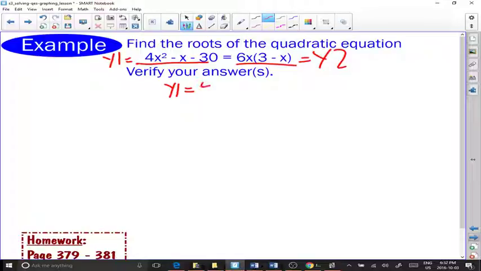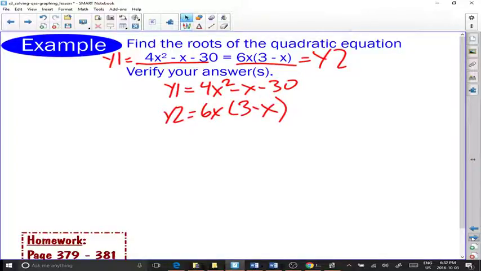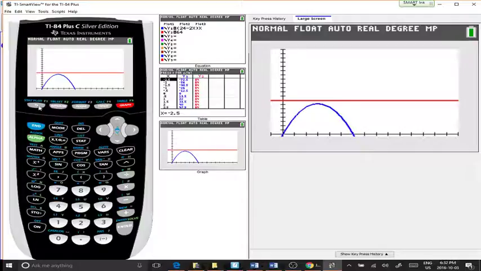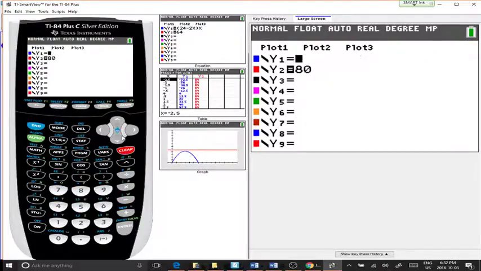So y1 is equal to 4x squared minus x minus 30. y2 is 6x times 3 minus x. And it's just plug and play. All right? So here's the graphing calculator. I'm going to clear these out.